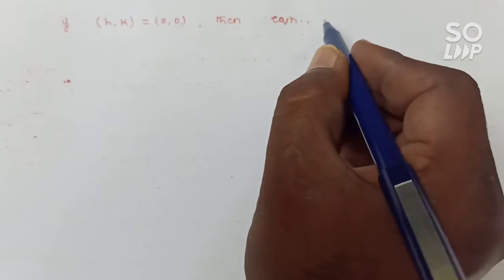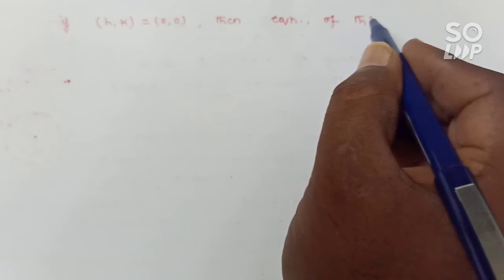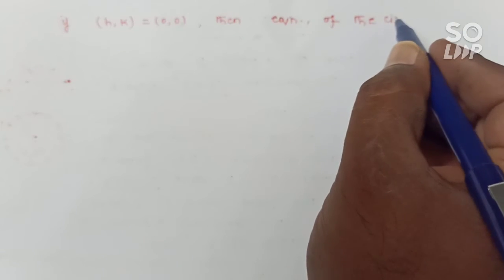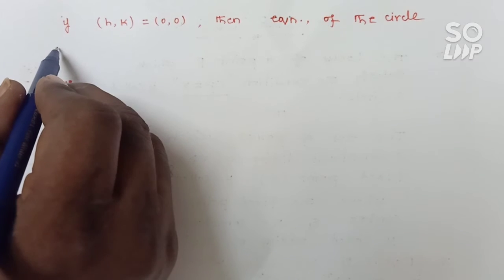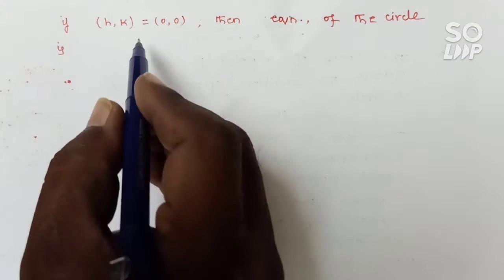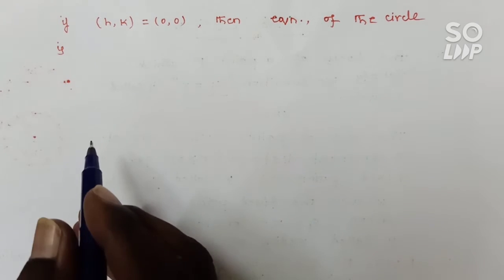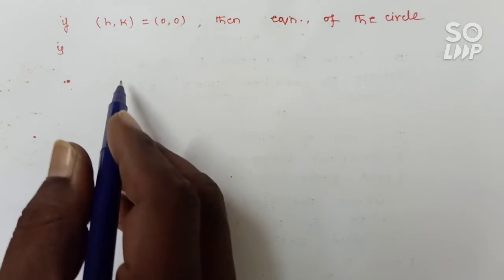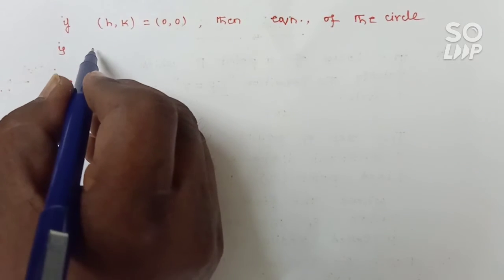From Roman number 1 you write that h is equal to 0 and k is equal to 0.